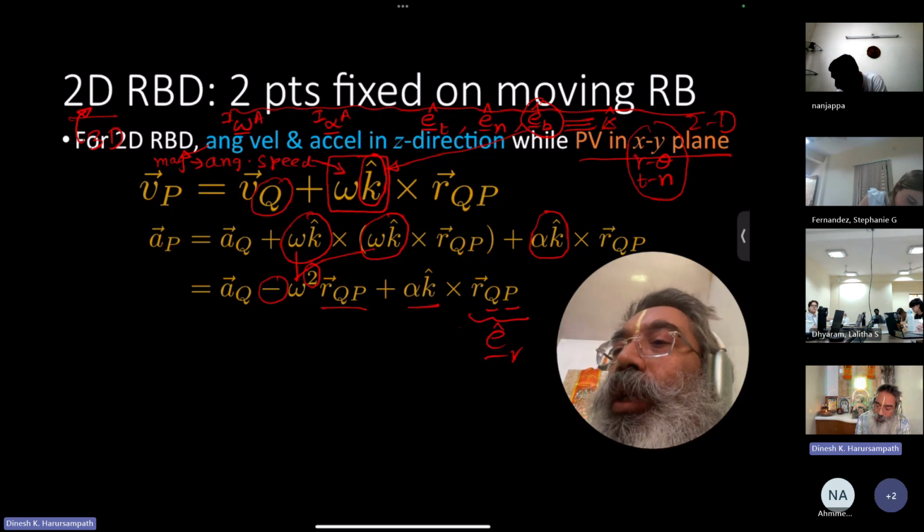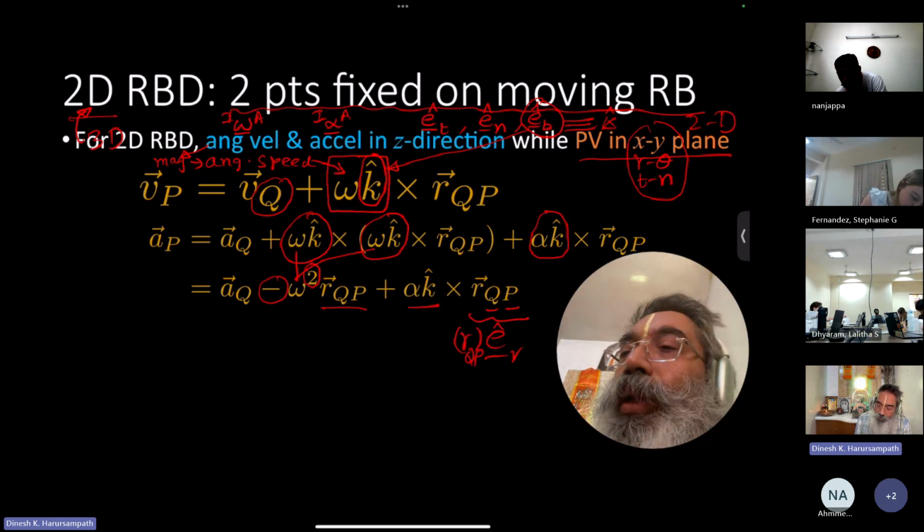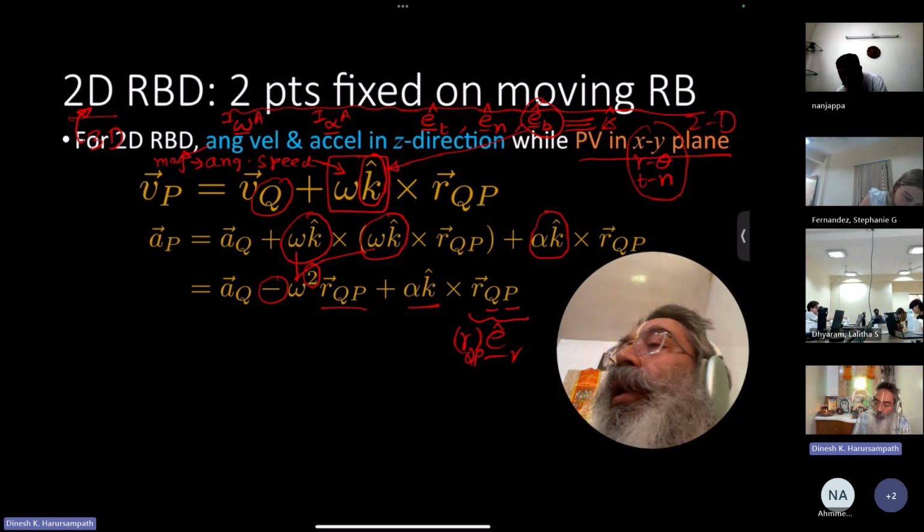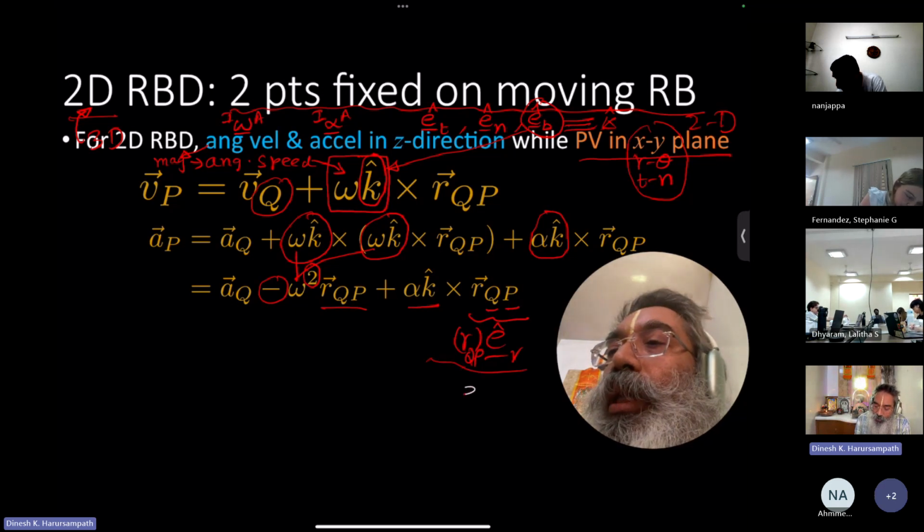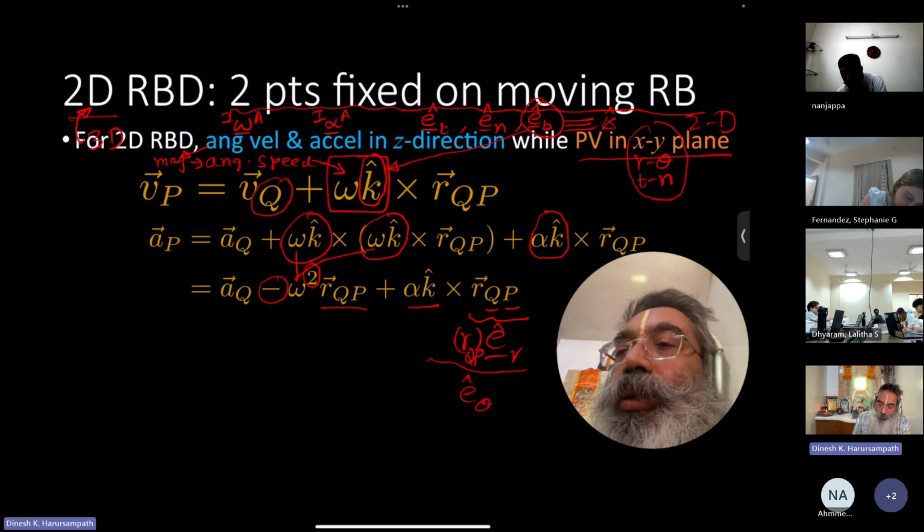Of course, it will have a certain magnitude, which we can write as R_QP, once again a scalar quantity, a distance from Q to P, and then you will see that k hat cross ER hat will result in E theta hat. Okay.